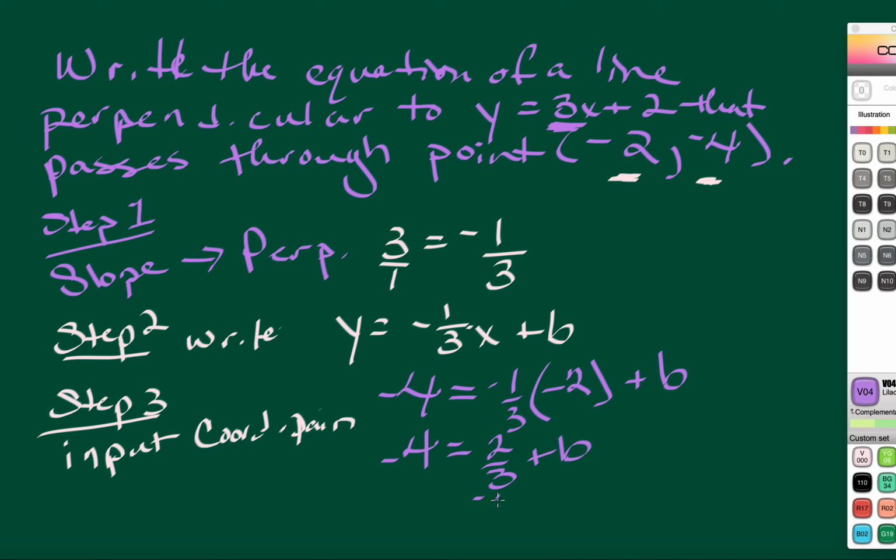And then we just subtract 2/3 from both sides. And this is actually negative 4 and 2/3 equals b.